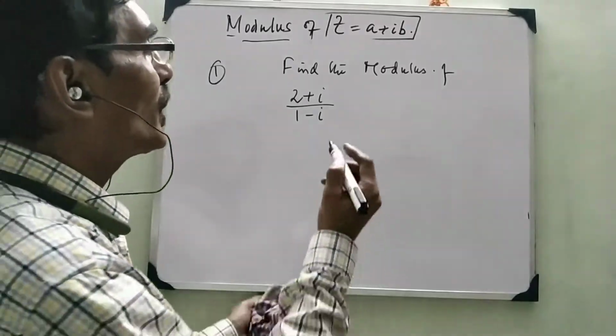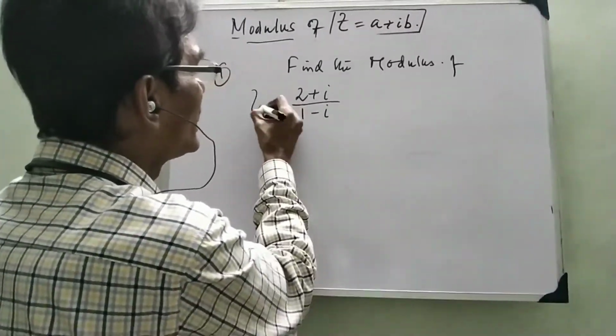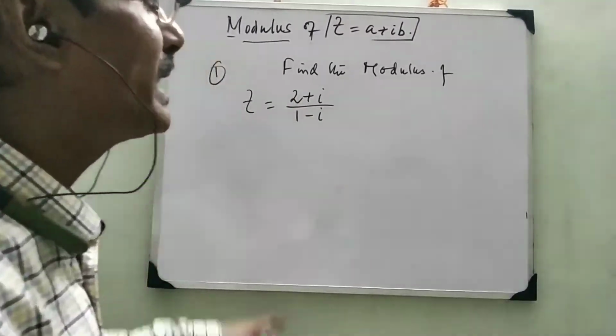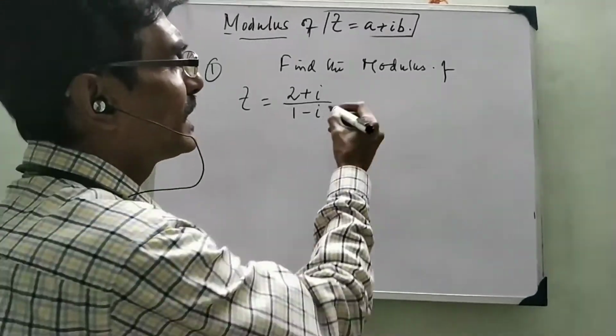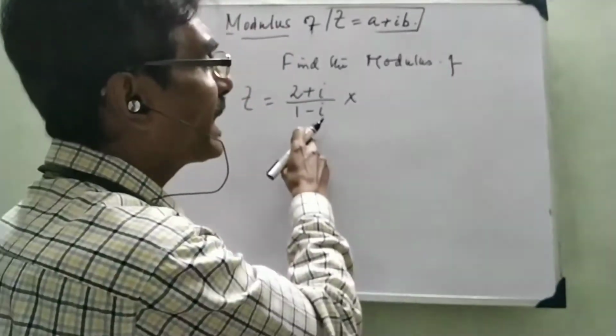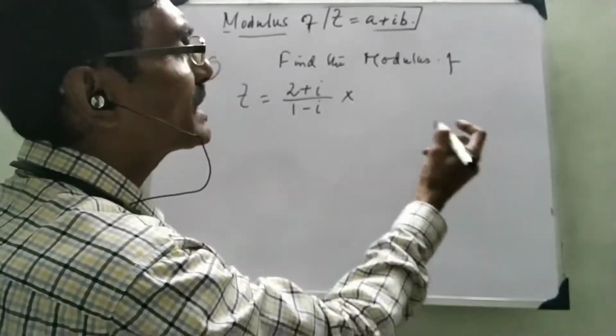So a student is solving the sum like this. He or she is going to consider let z equal to this, and he or she is trying to make it as standard form a plus ib.